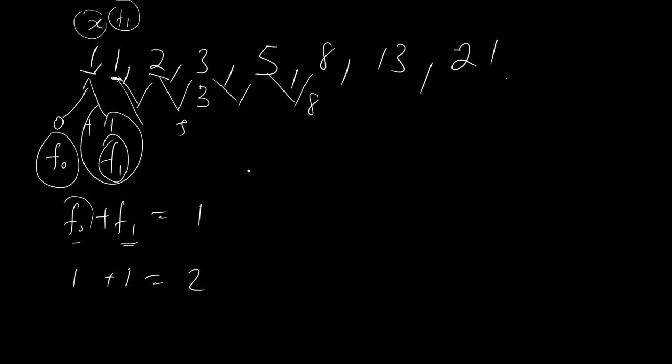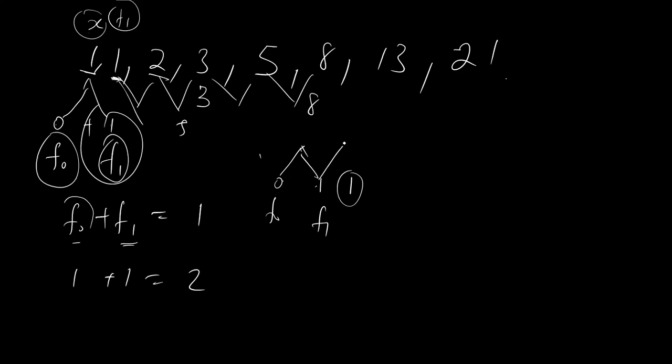Okay, now let's say we have 0, 1. Now you have f0, f1. If you add this and this, you get this. If you add this and this, you get this one.